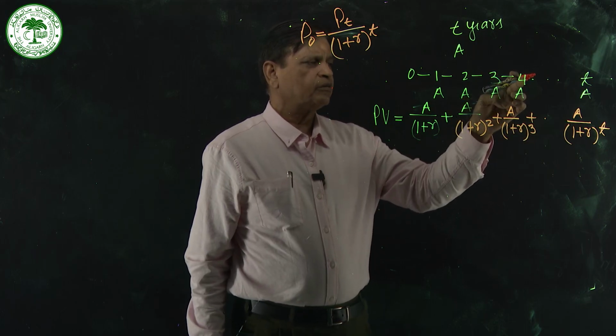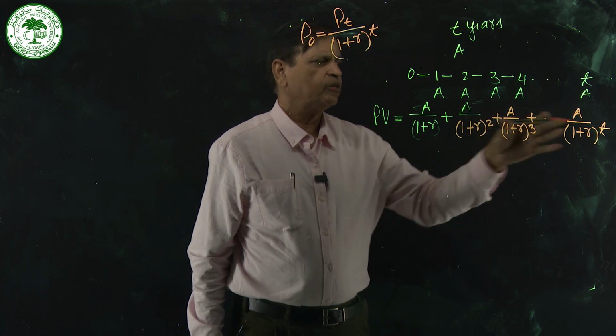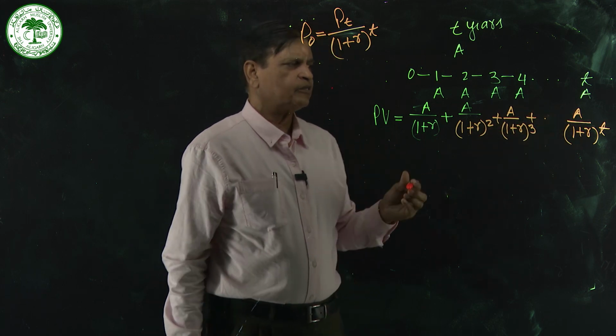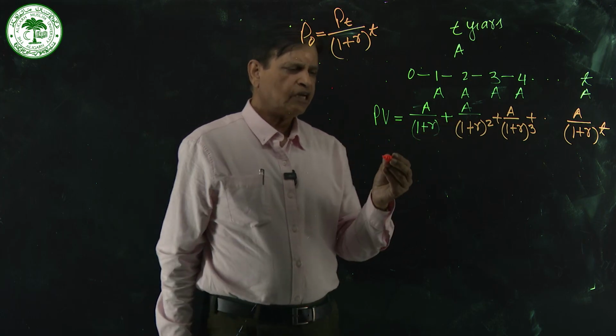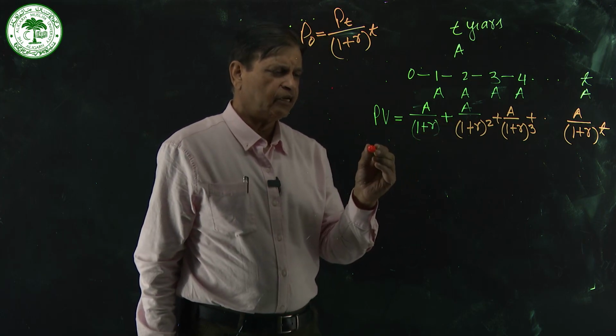This is discounted for 4 years. We have not written it here because of lack of space, but that doesn't make any difference. This is the present value. We can write it like this if you want.